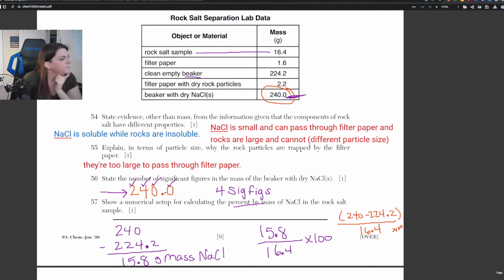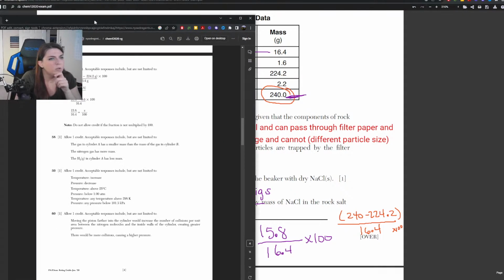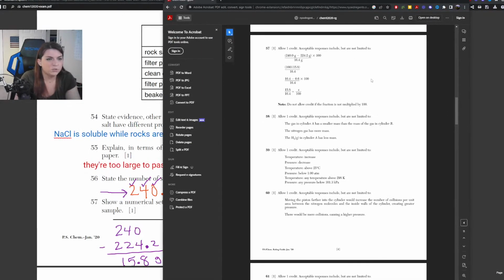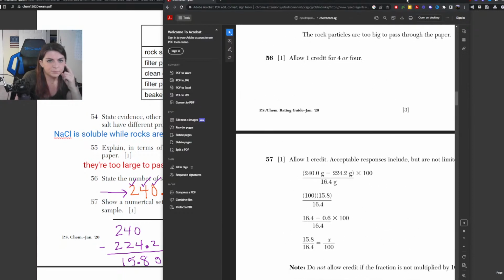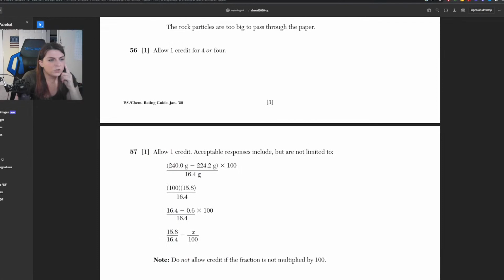Where did that come from? I don't know where the 0.6 comes from. Here, I'll show you what the answers are according to them. They have 240 minus the 224.2.